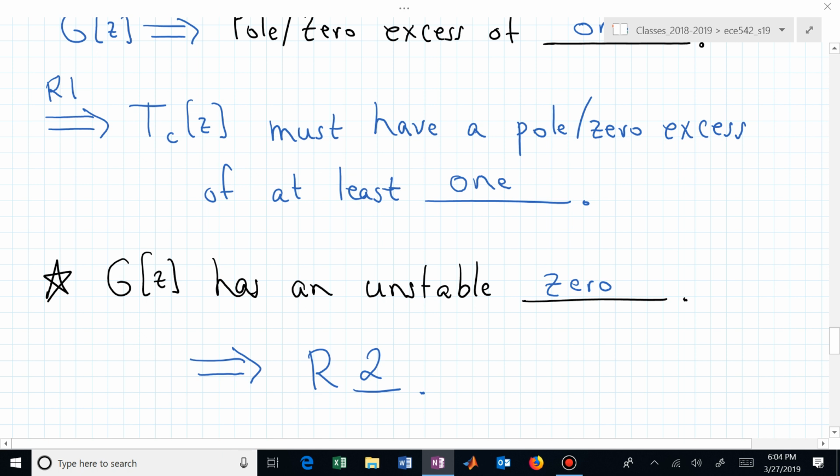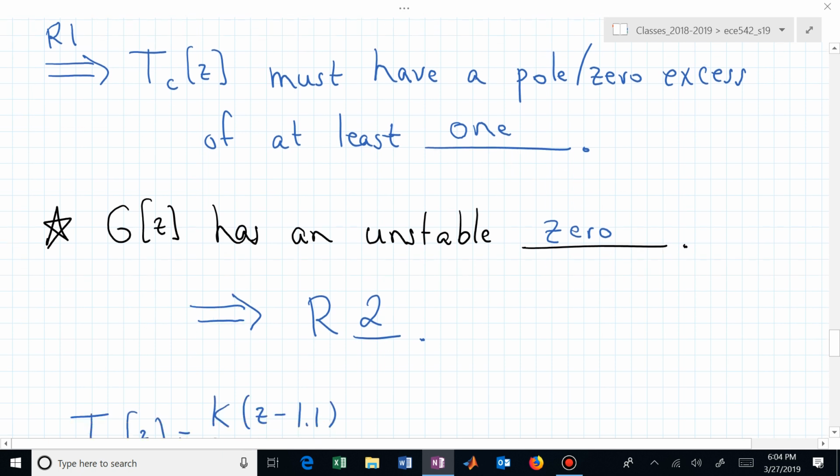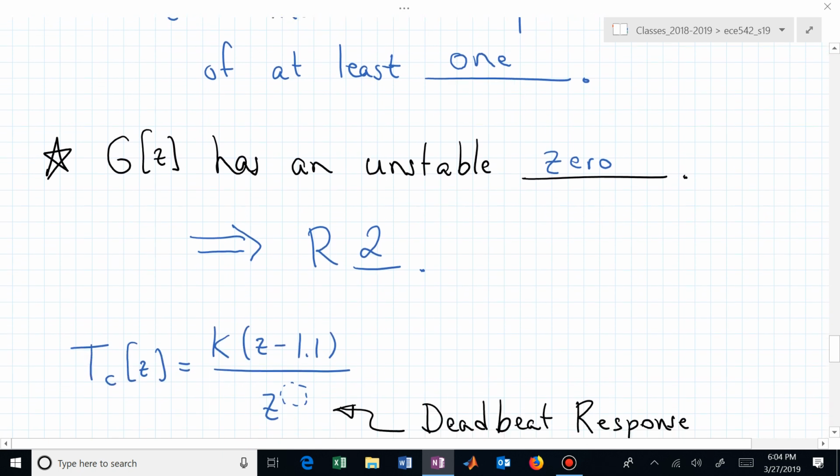Now I need T sub C of Z to have some particular property, and this one actually is the most straightforward of the restrictions, restriction 2 and 3. This one you just have to put those unstable 0 factors, include those in T sub C of Z. That means that we need to force a Z minus 1.1 factor in the numerator of T sub C of Z.